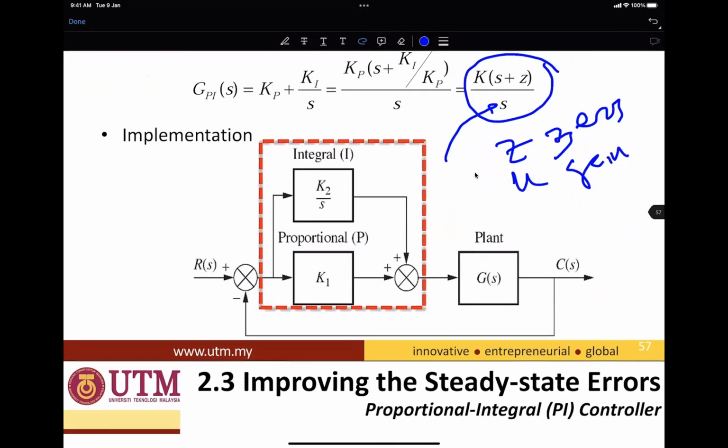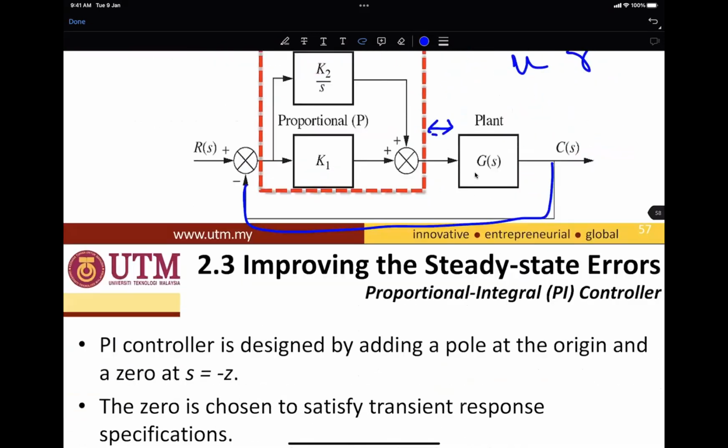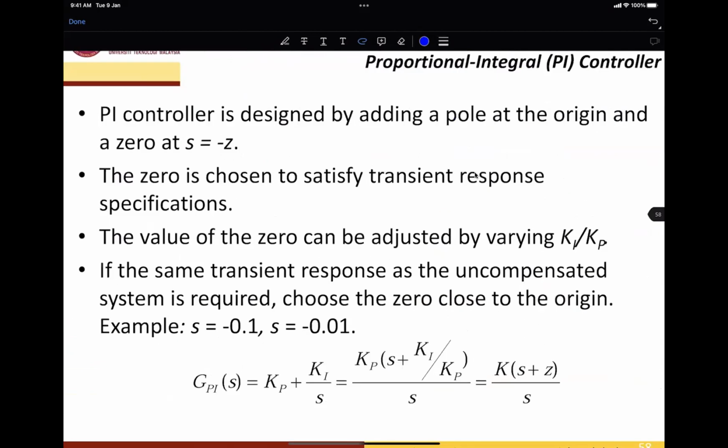The implementation is shown in the red dotted line. So K2 over S and K1, proportional and integral, which is cascaded to the plant. The red dotted line is a serial connection with the unity feedback. So far, okay, guys?